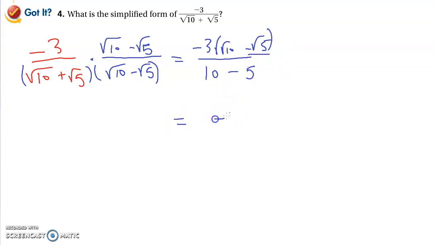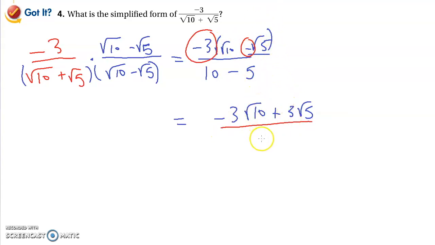We're going to end up getting negative 3 square root 10 plus 3 square root 5. Why is it plus? Well, a negative sign and a negative sign multiplied together give us a positive sign. Over 10 minus 5, which is 5.